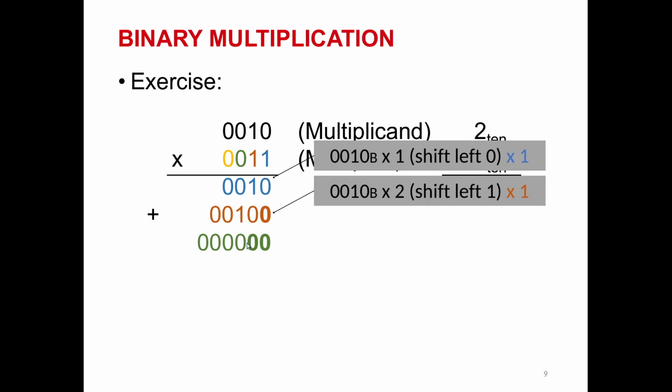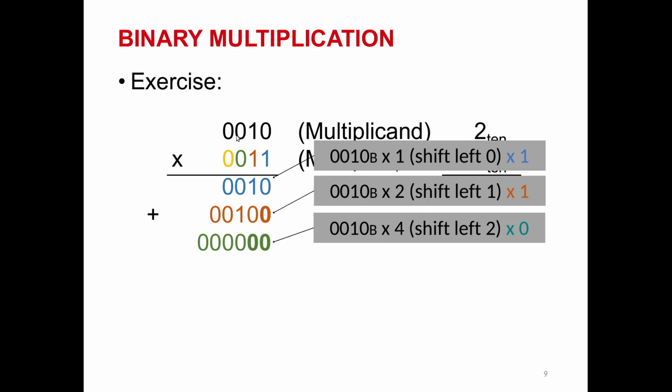Again, we fill this with 2 zeros, and so we have this value of 0 multiplied with the multiplicand, but this multiplicand must be shifted left for 2 bits, or equal to this multiplicand multiplied with 4, and then multiplied with the value 0 here.